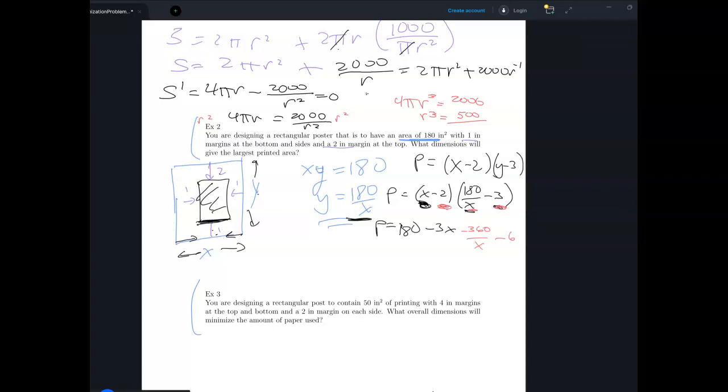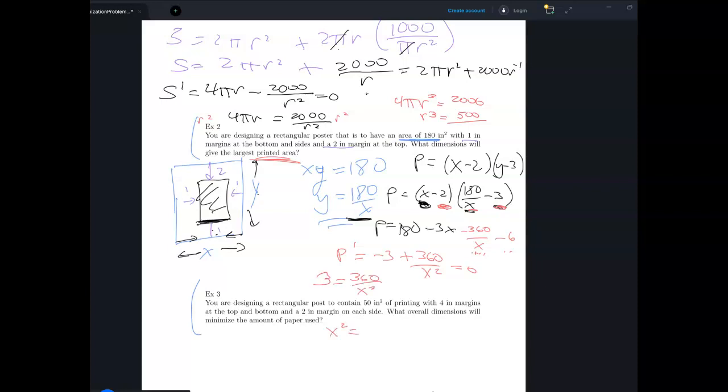Okay, so now let's take the derivative, because that's what we want to do. We want to maximize that printed area. So I get negative 3, and taking the derivative of this is going to be plus 360 over x squared, and the derivative of that is 0. So set that equal to 0. So I get 3 equals 360 over x squared.